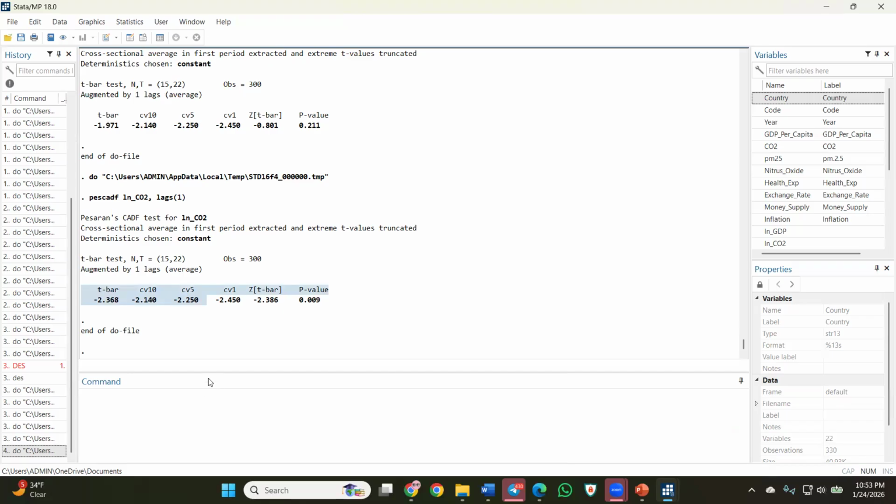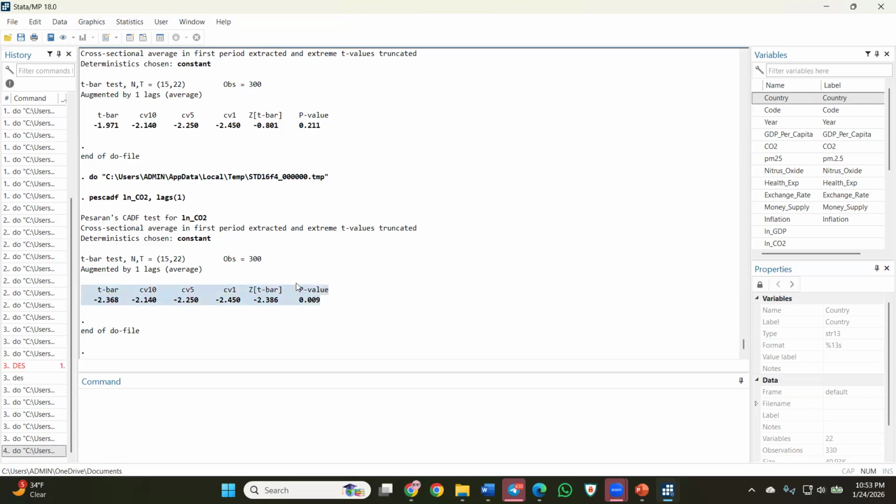Yes. So the question someone asked, you see that the critical value at 1% is greater than the T statistic. So if you go by the critical value at 1%, you will say that it is not stationary. But we are using the 5%. As I said, the 5% is our threshold.